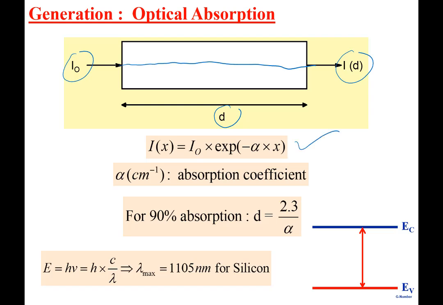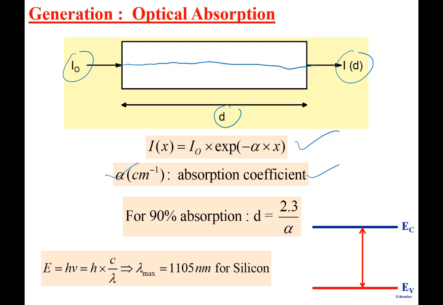We model it using this equation: as the light goes in, the intensity decays exponentially, I0 exp(-alpha x), and alpha is called the absorption coefficient. That's a very simple model of light intensity, which decreases exponentially with absorption coefficient alpha.